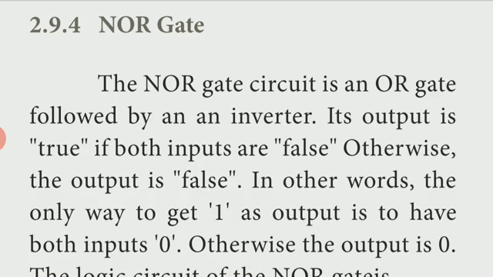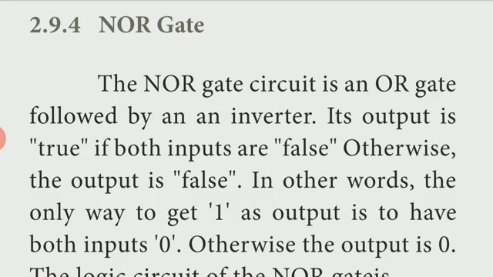First we will see the NOR gate. NOR gate is the opposite of the OR gate. We already know the output for the OR gate: 0, 1, 1, 1.